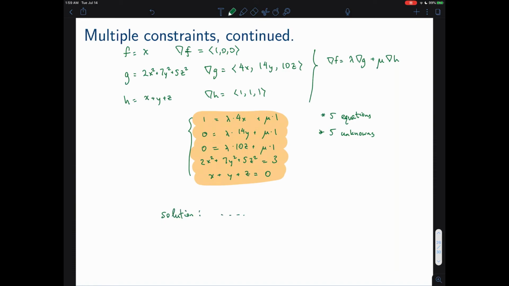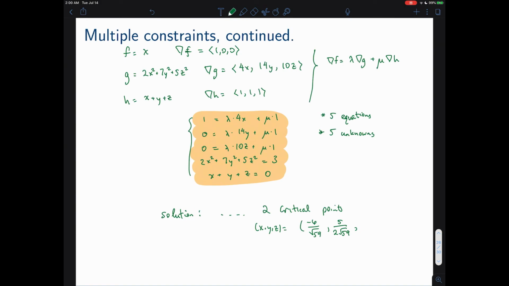The solution takes some steps, but you end up with 2 critical points. x, y, z could be either minus 6 over square root 59, 5 over 2 times square root 59, and 7 over 2 times square root 59.